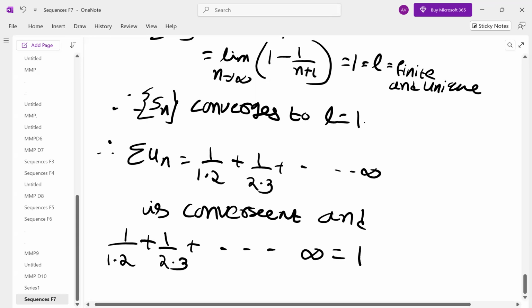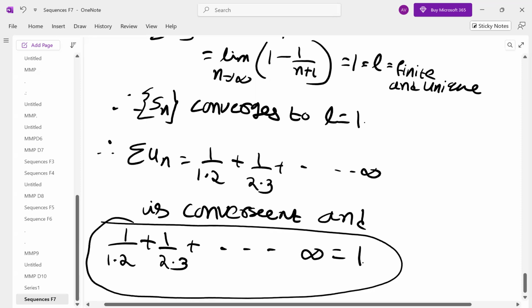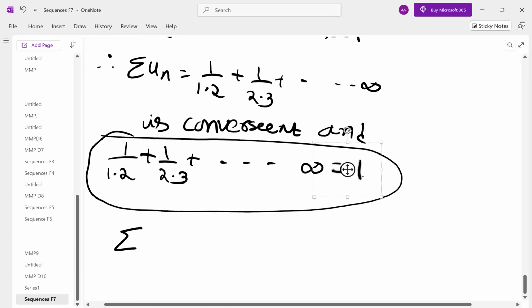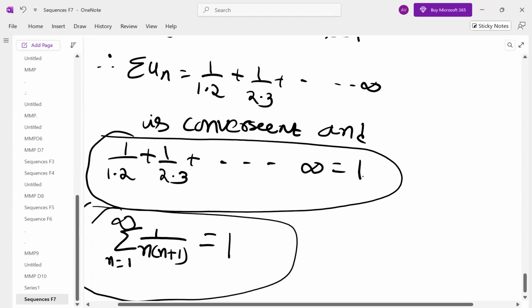which is, that is, 1 by 1 into 2, 2 into 3, summation 1 by n into n plus 1. What is the value? You can find it in many papers. The value of this is very interesting. Remember this as a formula, or you have to do it like this.